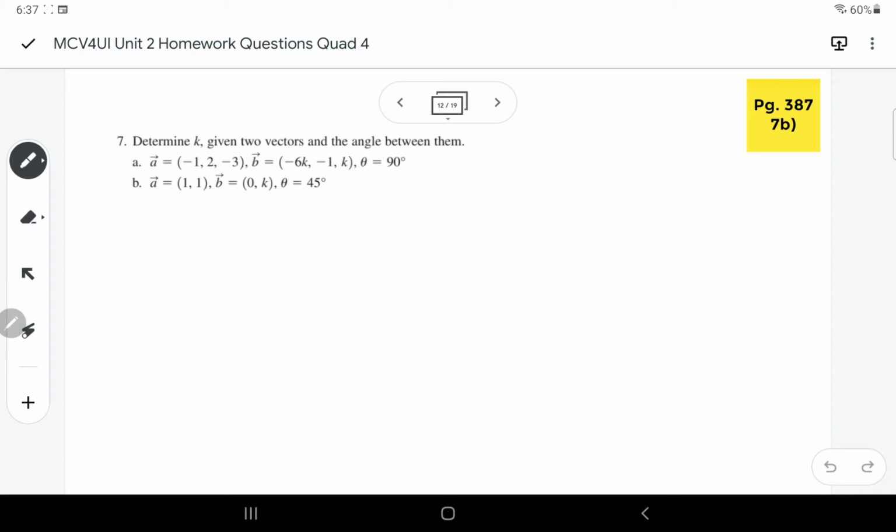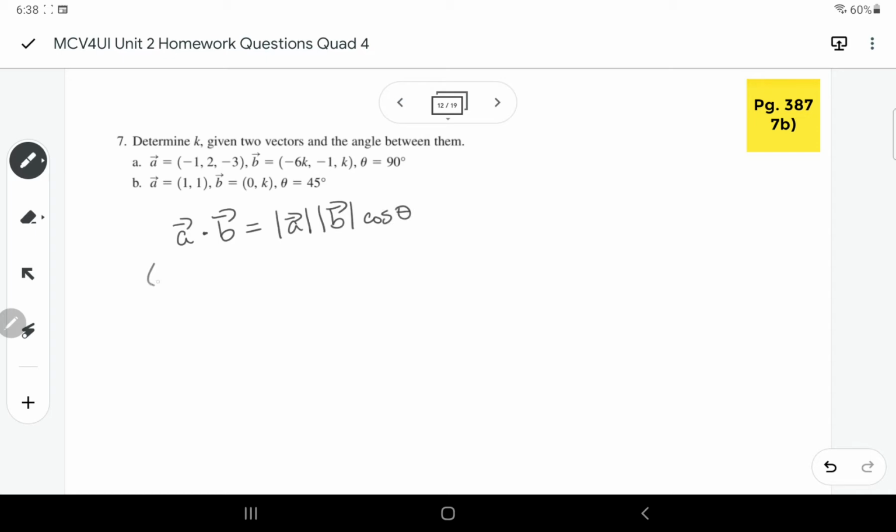Okay, we're going to determine k given two vectors and the angle between them. So this, we're looking at B. So we know that A dot B is going to be equal to the magnitude of A times the magnitude of B times cos theta. We're going to look at that two ways.